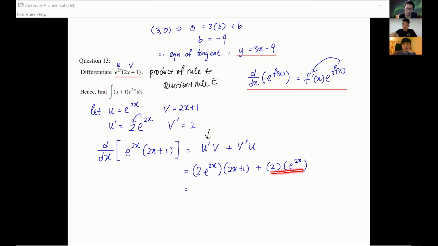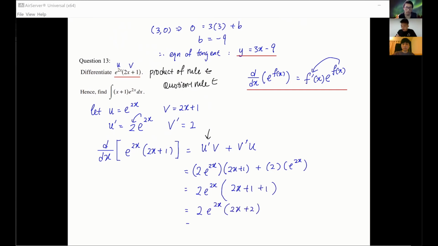So we can factorize it. When you factorize this out, whatever you left is this one. So we copy down. When you factorize this one out, you only have 1 left. So plus 1 as well. So it's 2e to the 2x, 2x plus 2.